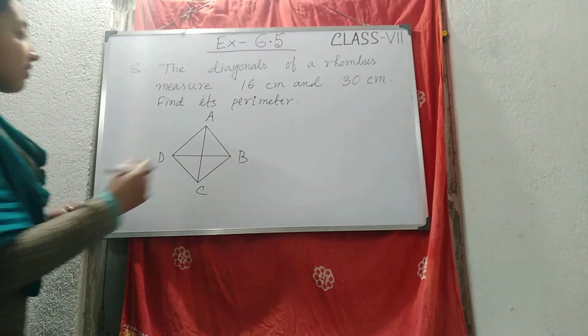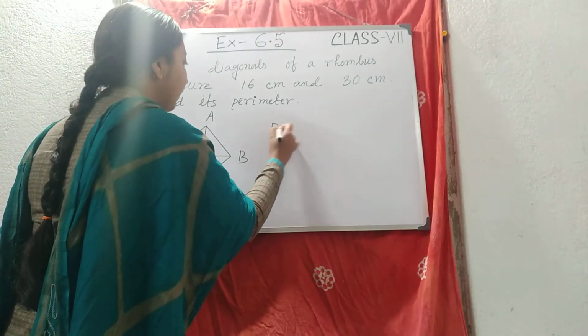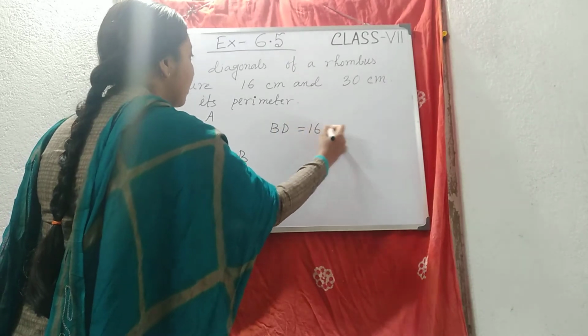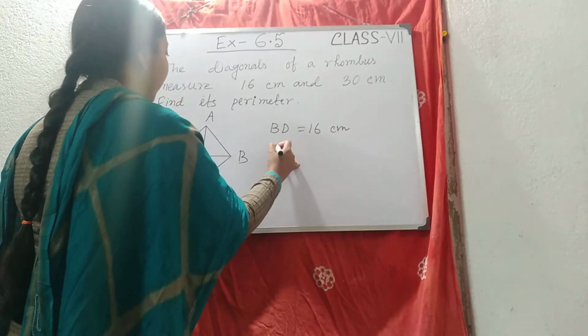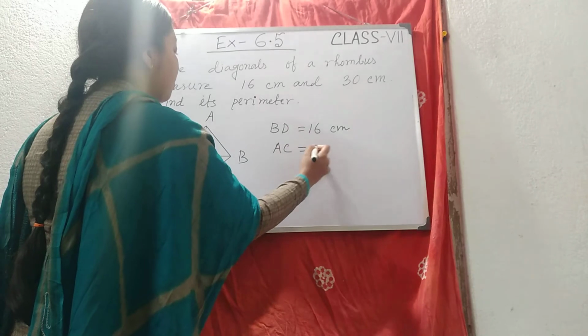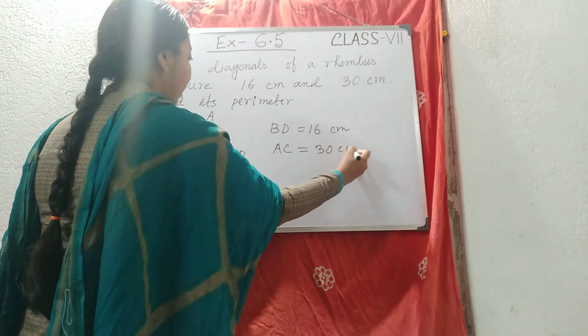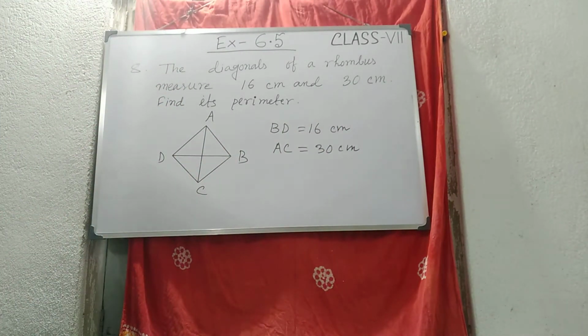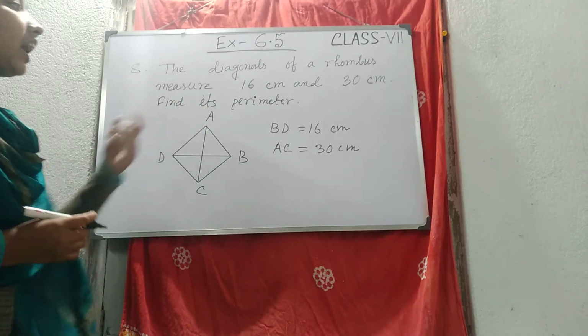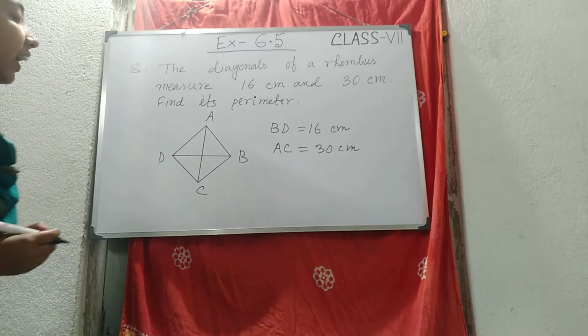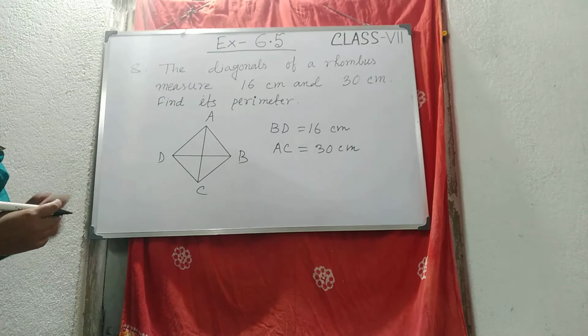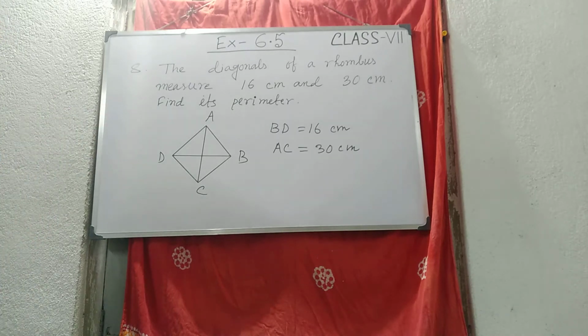So one is 16. Suppose I am taking BD equals 16 centimeter and AC equals 30 centimeter. Okay. So the lengths of these two diagonals are given. We need to find its one side.